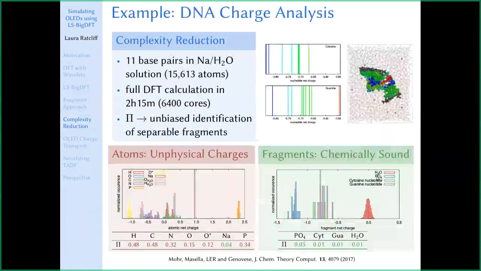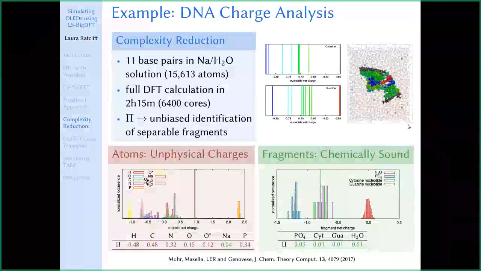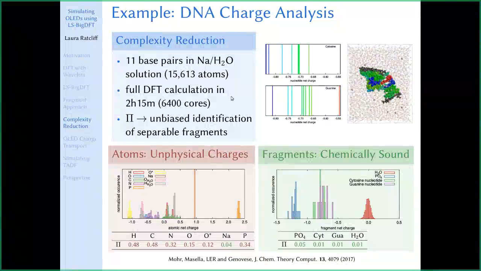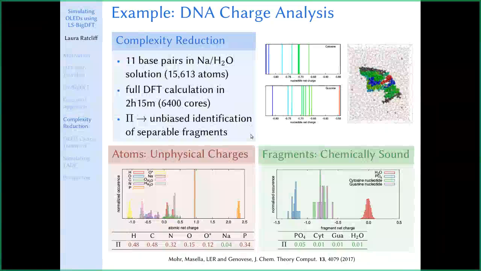Just to give some examples of what this looks like in practice. If we take a large system of DNA in some solution, about 15,000 atoms in total, we can run a complete linear scaling calculation in a couple of hours. Actually, this calculation is quite old. We can do system sizes of this size in the order of minutes rather than hours if we have enough cores. Once we've done our single point calculation, we can use this purity indicator to identify unbiased separable fragments.